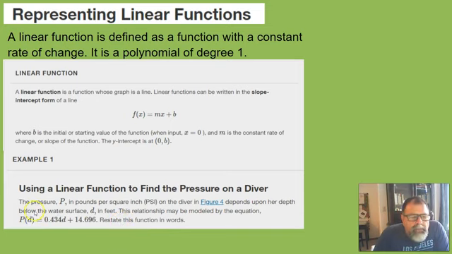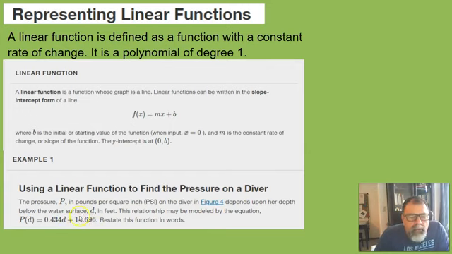So again, basically the way you read it, it'd be P is pressure. Pressure as a function of depth is equal to 0.434 or 434 thousandths times the depth plus 14.696.